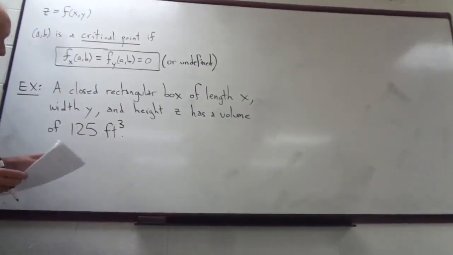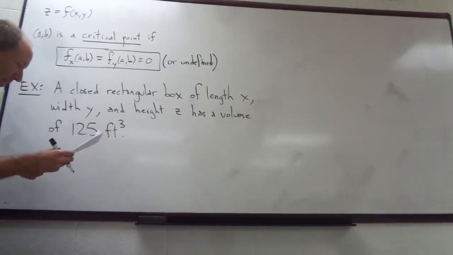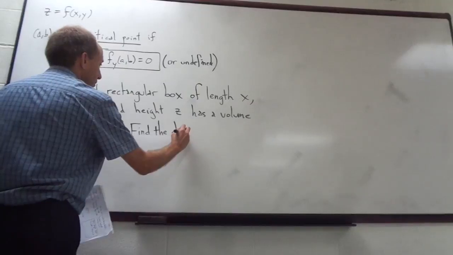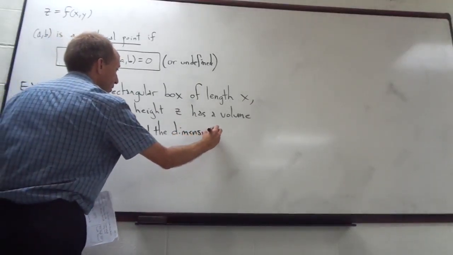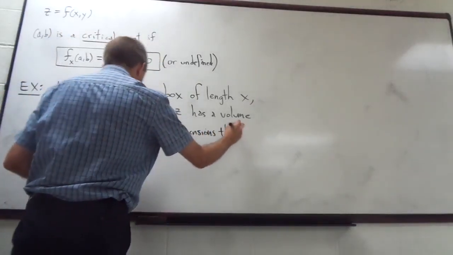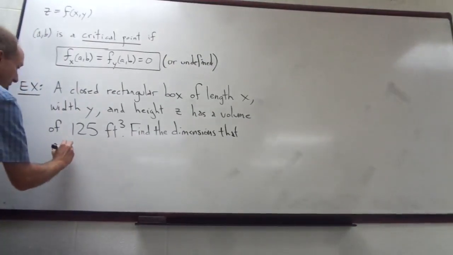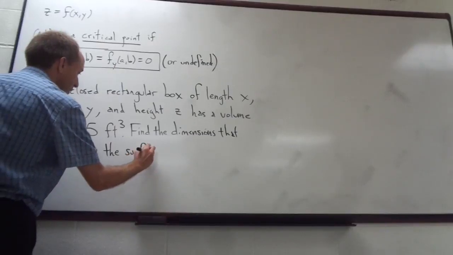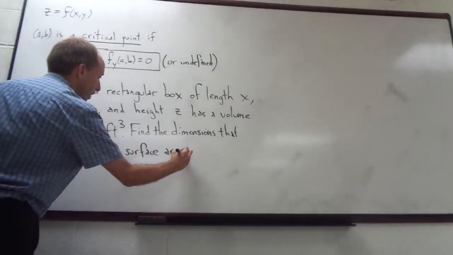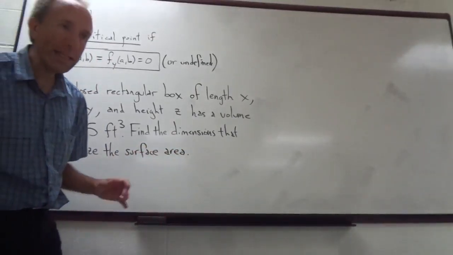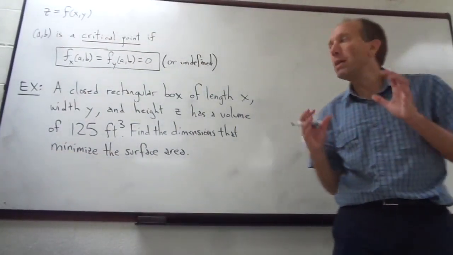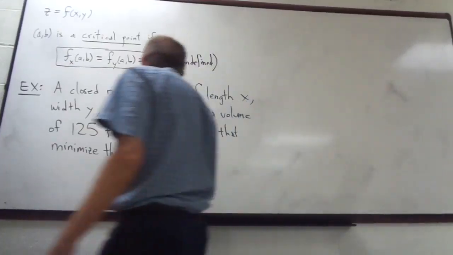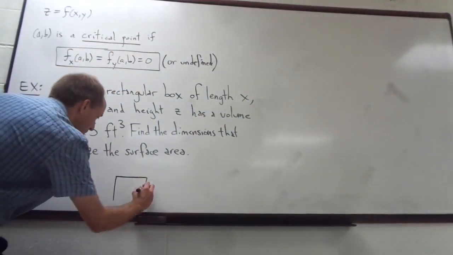So suppose you have a box with a particular volume. Find the dimensions that minimize the surface area. In other words, they want you to find the x, y, and z values that will minimize the surface area of the box.